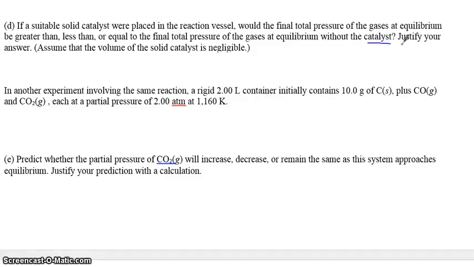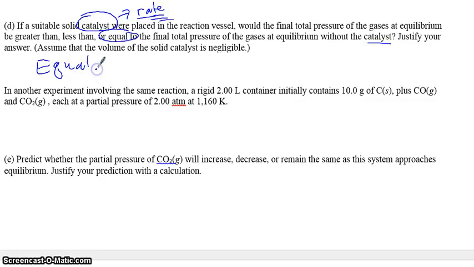Okay, so remember the catalysts don't actually change the amounts. Catalysts simply change the rate. These are related to the rate, chapter 14. So we'll say that the equilibrium is reached faster. So the answer is the same. Essentially, it'll be equal.